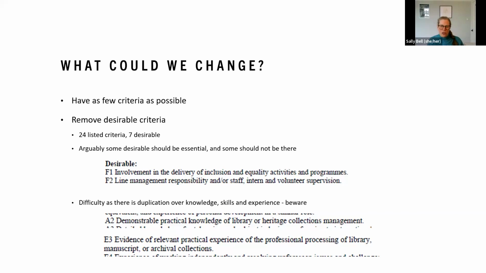Like, if you have demonstrated practical knowledge of library and heritage collection management, are you not then using the same evidence to show relevant practical experience of the professional processing of library manuscript or archival collections? When you start thinking of it from that perspective, there's definitely some things we could have done a lot better with the criteria.